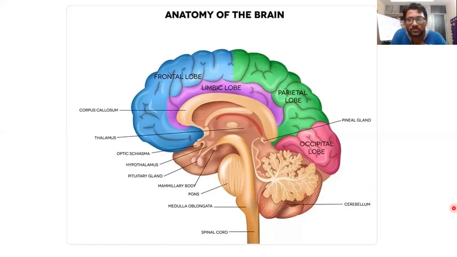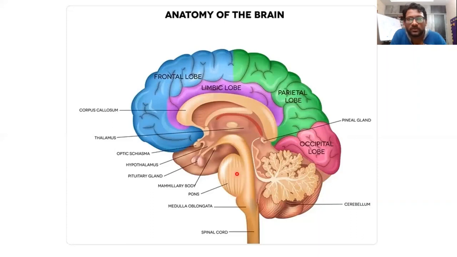So the next part is the pons. The pons is located immediately anterior to the medulla. What is its function? The ascending and descending tracts of nuclei of cranial nerves pass through the pons.